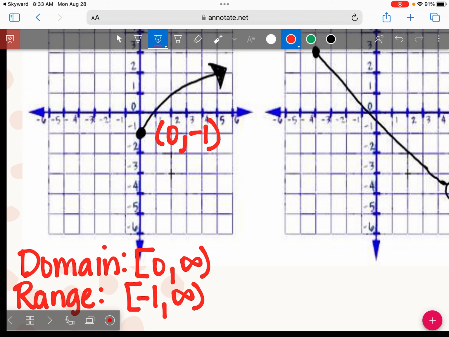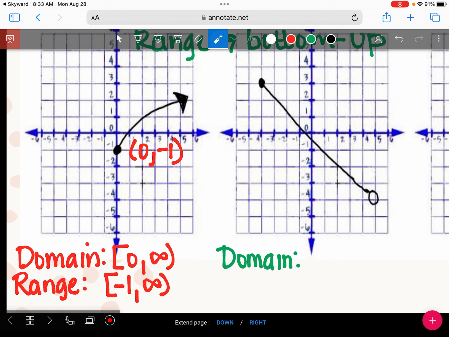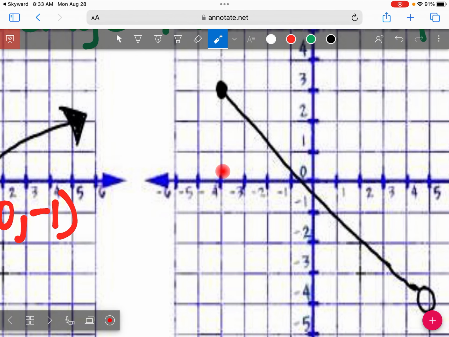Okay, so now for your second graph, your domain. So your lowest x value occurs right here. And what is the x value at this point? Let me zoom in. What does x equal right here?